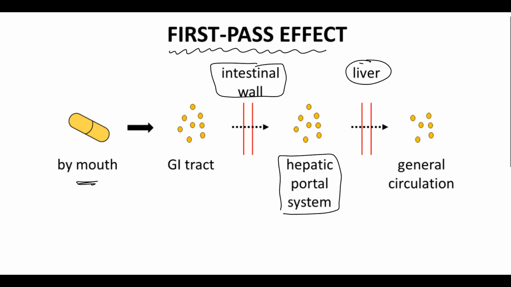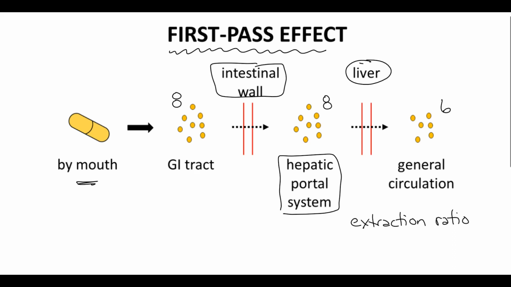The fraction of drug lost is determined by the extraction ratio of the liver. Here we have 8 particles in the GI tract, and all 8 reach the hepatic portal system.